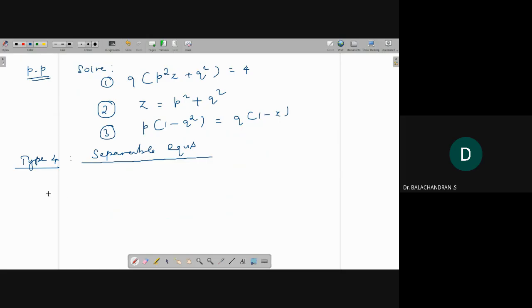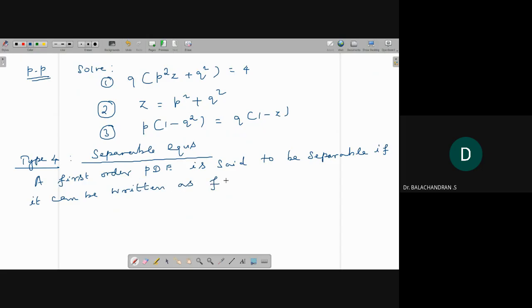A first order PDE is said to be separable if it can be written as some function of x, p on one side, and y, q on the other side.